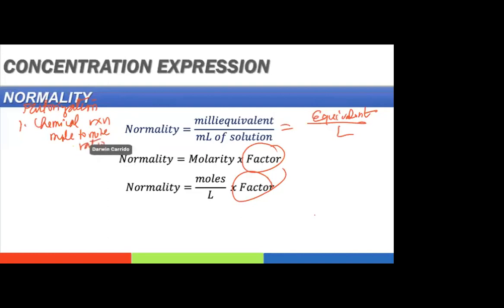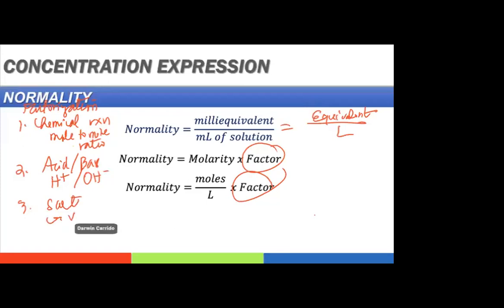Number 1 yan. Number 2 is it depends on the identity of the substance. If acid and base, you get the factor based on the number of hydrogen that can be donated by acid or hydroxide that can be donated by base. And kapag salt naman siya, you base the factor on valence electron.